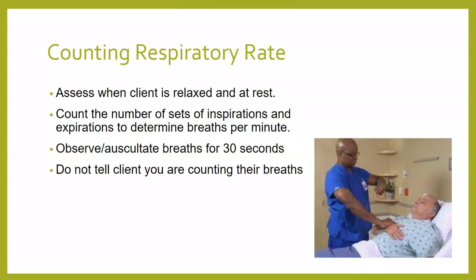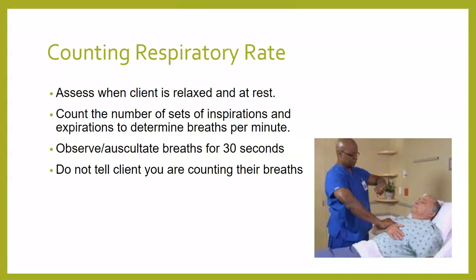So typically what we teach in lab is to, while you're counting the patient's pulse rate, so you're feeling their apical pulse or whatever pulse, usually it's going to be apical. So for the first 30 seconds, you're going to count their pulse, and then you'll multiply that by 2 to get your beats per minute.